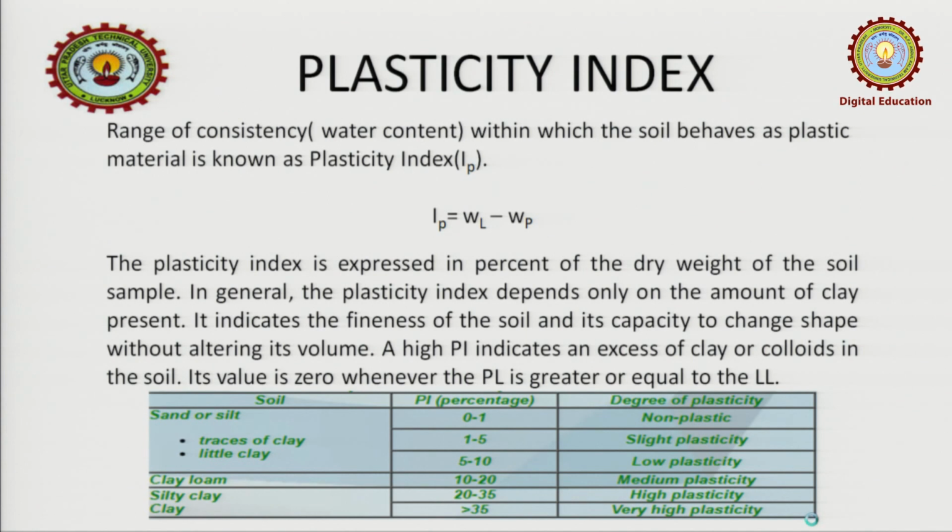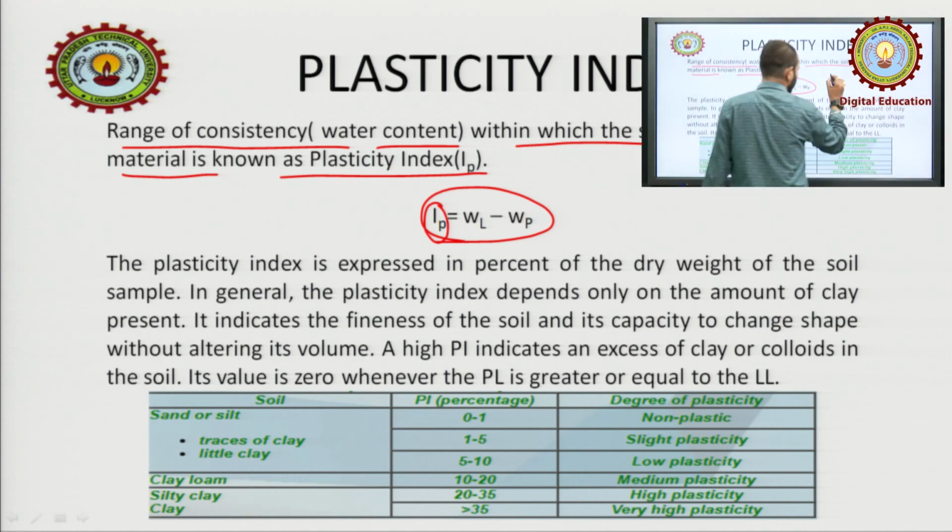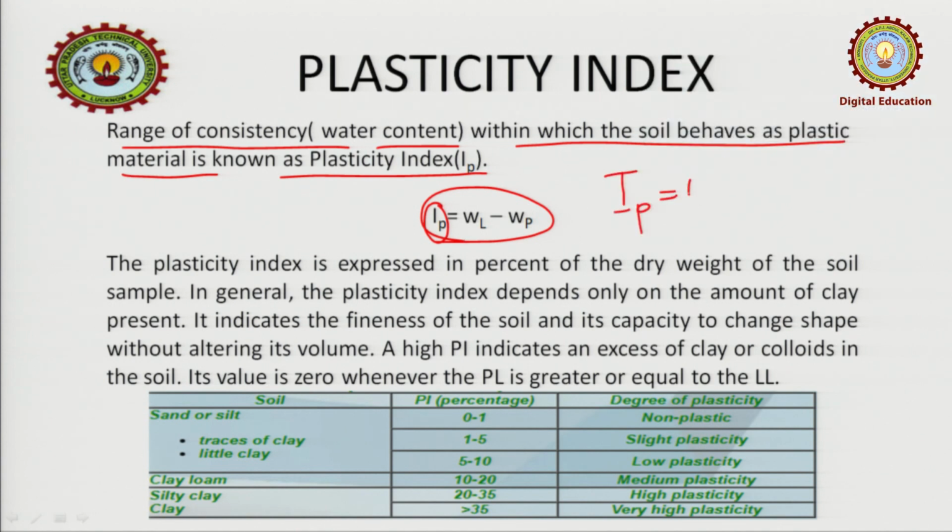Now what is plasticity index? Let us see. Plasticity index is represented by IP. The range of consistency or water content within which the soil behaves as a plastic material is called plasticity index. How is this range found out? It is generally WL minus WP, where WP is the plastic limit and WL is the liquid limit.